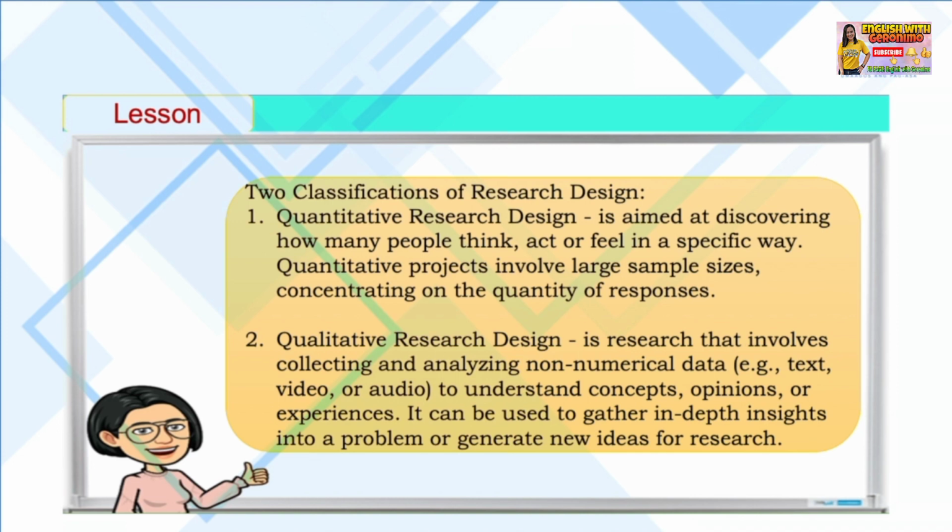Second, qualitative research design. It is research that involves collecting and analyzing non-numerical data like text, video, or audio to understand concepts, opinions, or experiences. It can be used to gather in-depth insights into a problem or generate new ideas for research.